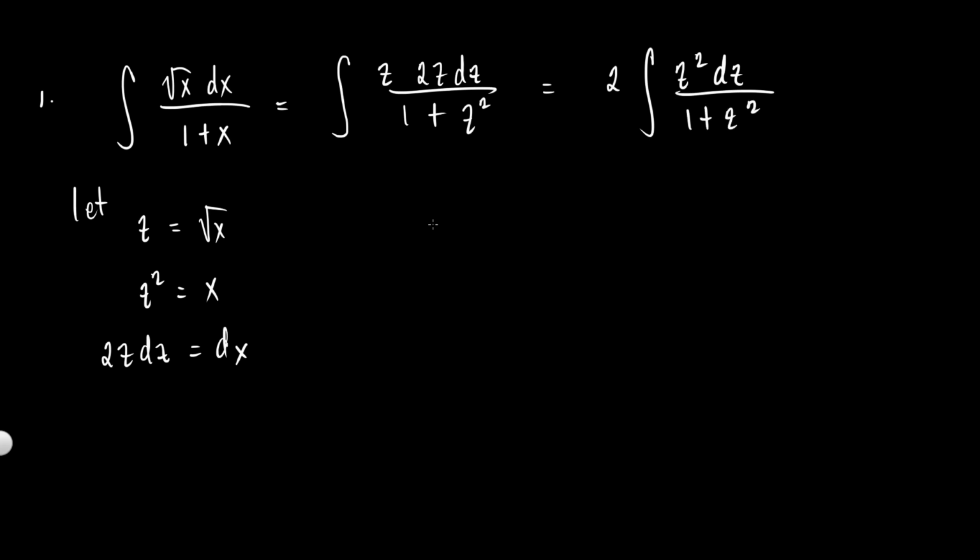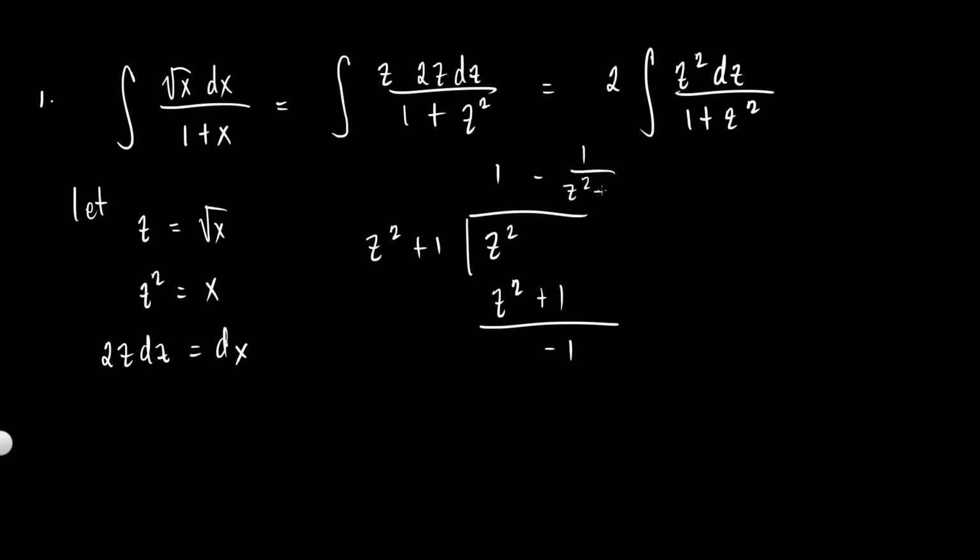Using long division, let's divide z squared over z squared plus 1. z squared divided by z squared is 1. 1 times z squared plus 1. Subtract. z squared minus z squared is 0. 0 minus 1 is minus 1. So we have minus 1 over z squared plus 1.